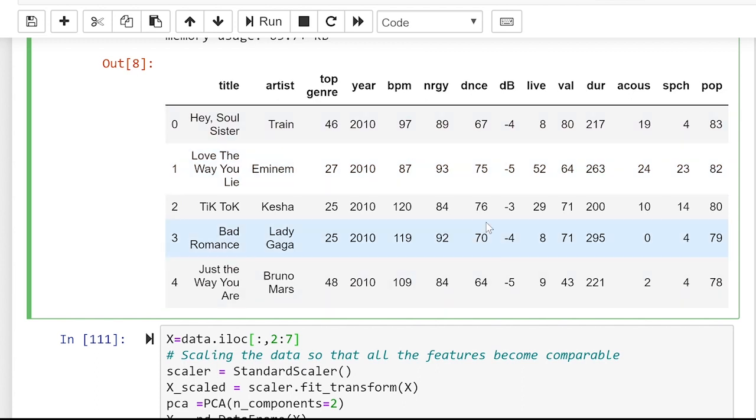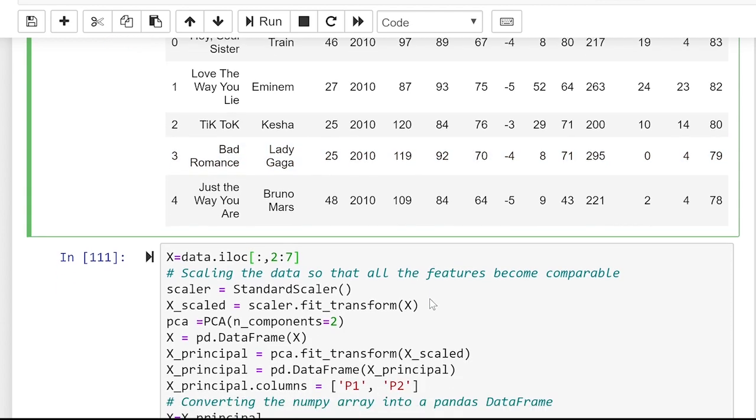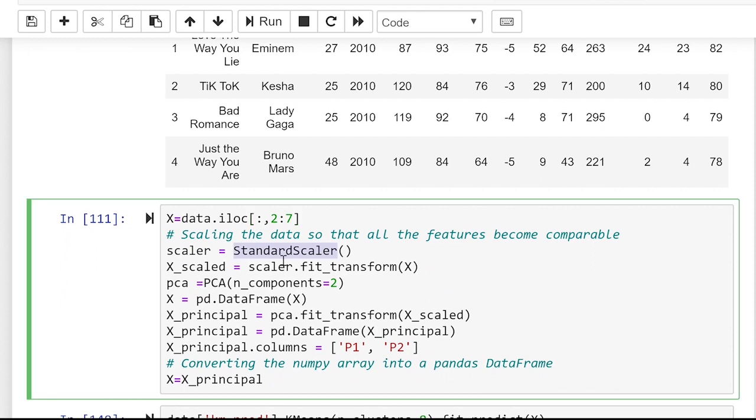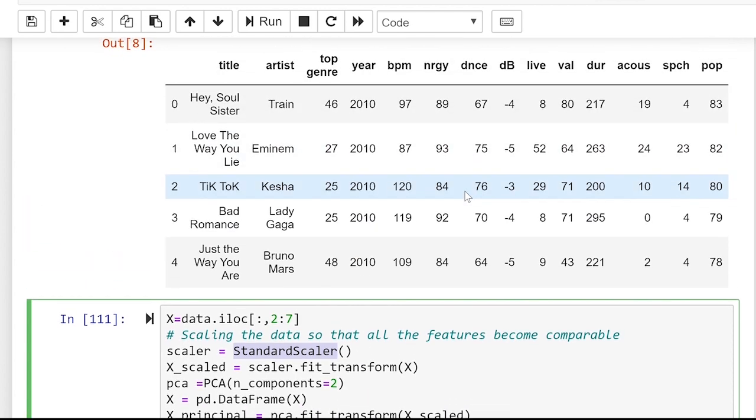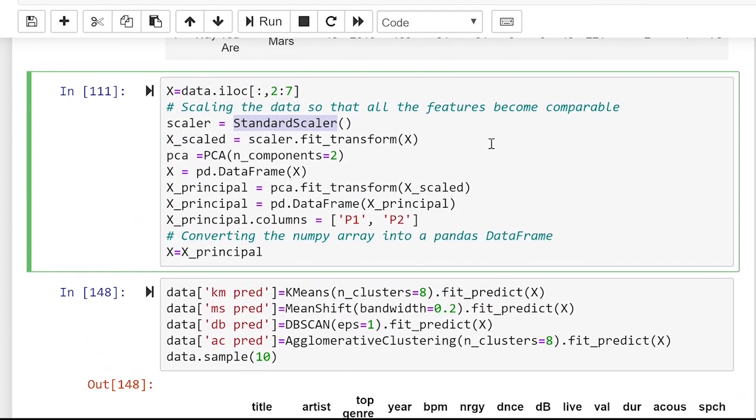Since we calculate the distance based on the unit, we have to transform those data sets so they look comparable with each other. That's why we applied standard scaler. Standard scaler transforms each column so that each column has a mean of 0 and a standard deviation of 1, like a standard normal distribution.